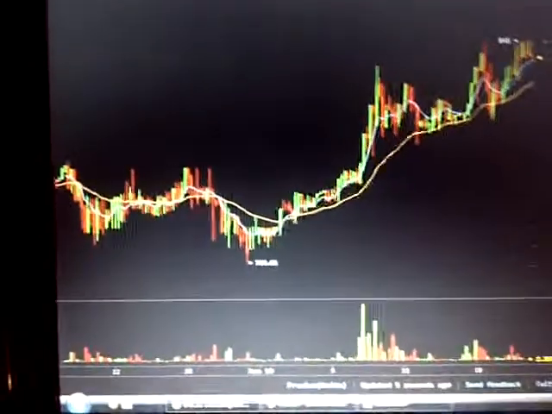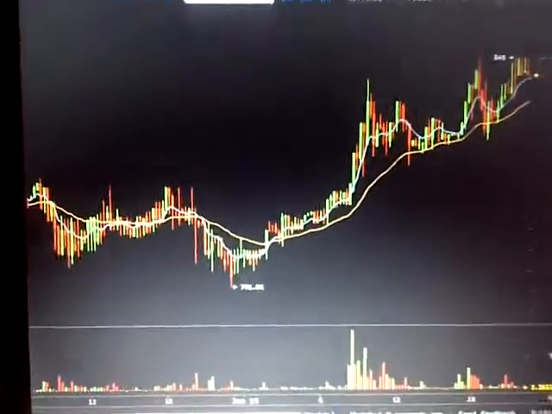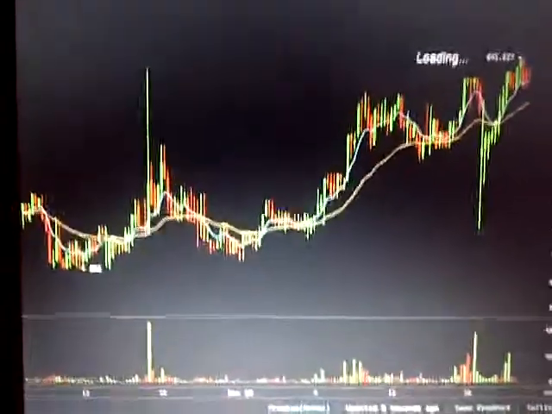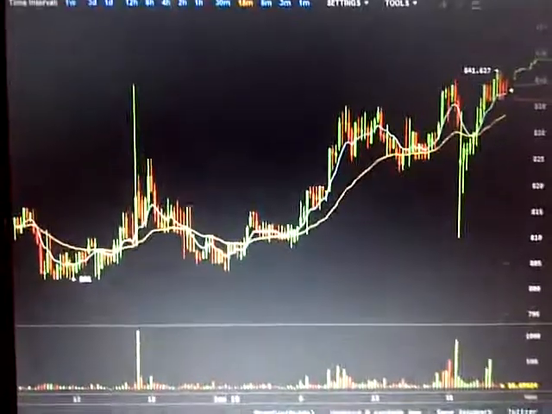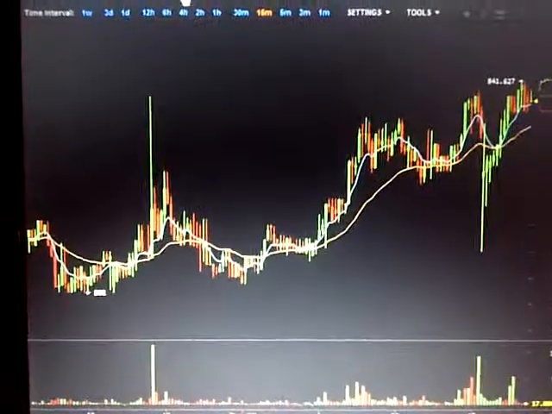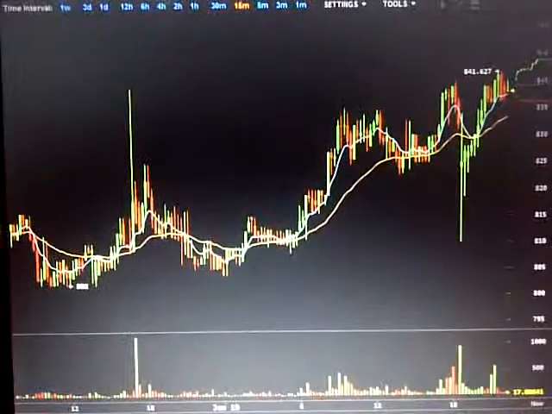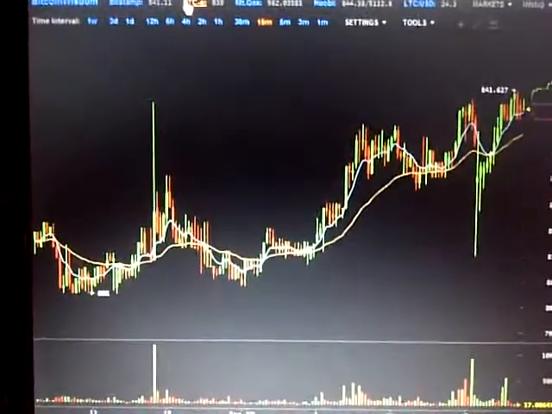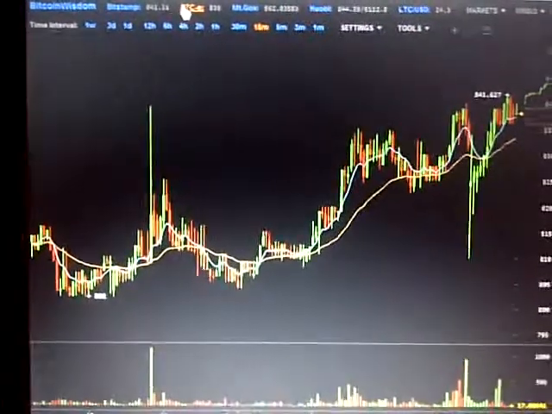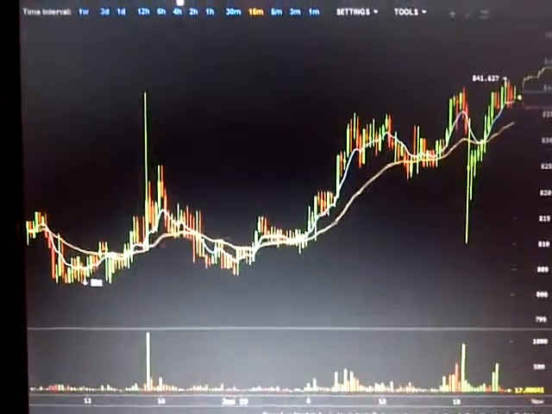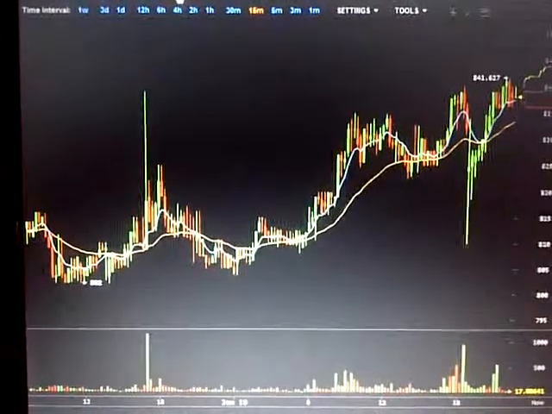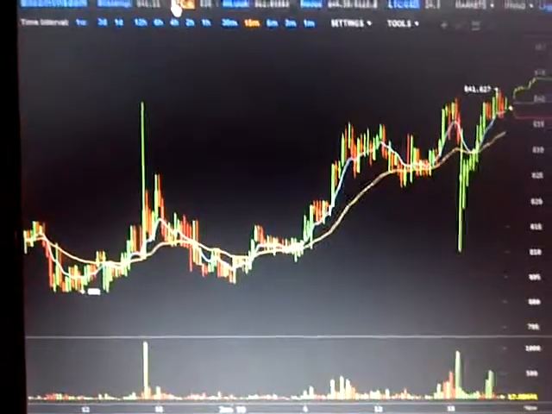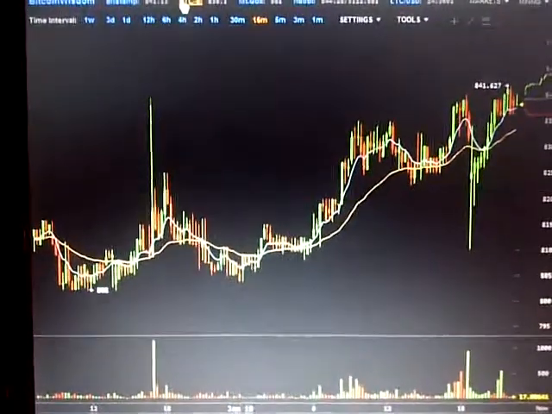Now let's look at BitC, and I call it the Russian site, but I don't know if it's really Russian. It's Bulgarian or Hungarian or something Garian. Now you look at this. This is the same period in BitC, and it looks like a little flash crash going up and down here, or somebody really moved that much.